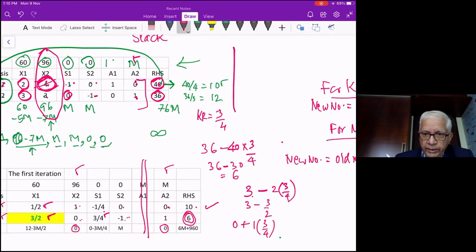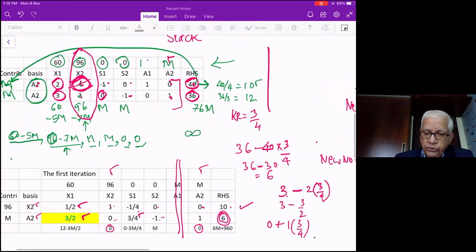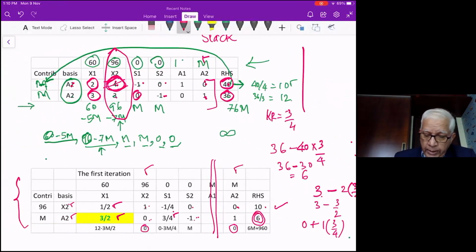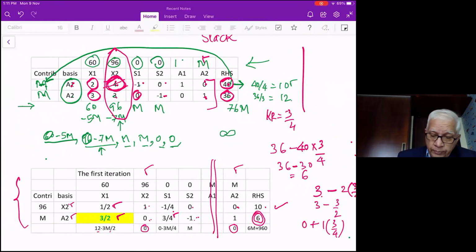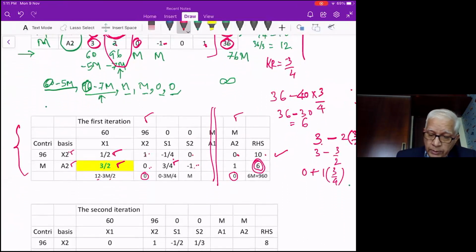All the numbers in the table are calculated except for the values in the index row. Now let's calculate the values in the index row. The value here, 12 minus 3m by 2, how is it calculated? It is calculated like this. At the top we have 60, minus 96 multiplied by 1 by 2. 96 multiplied by 1 by 2 is 48. 3 by 2 into m.